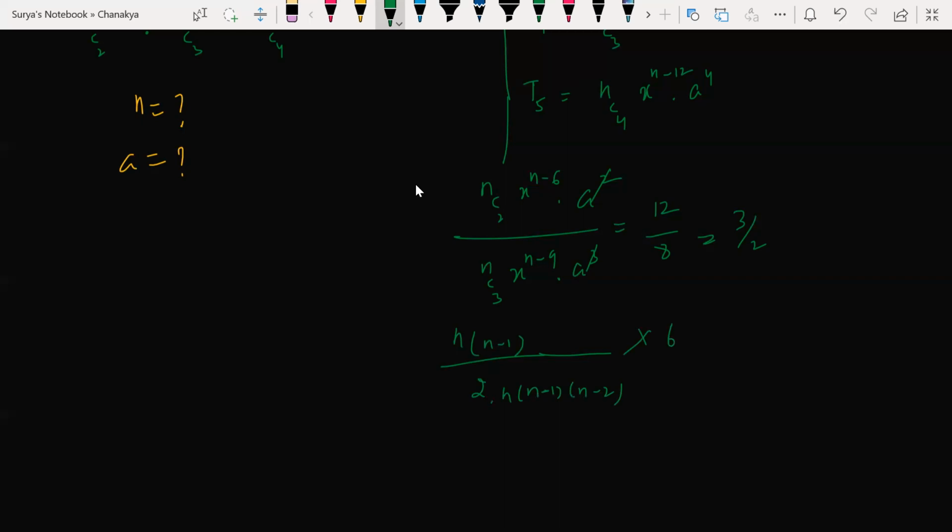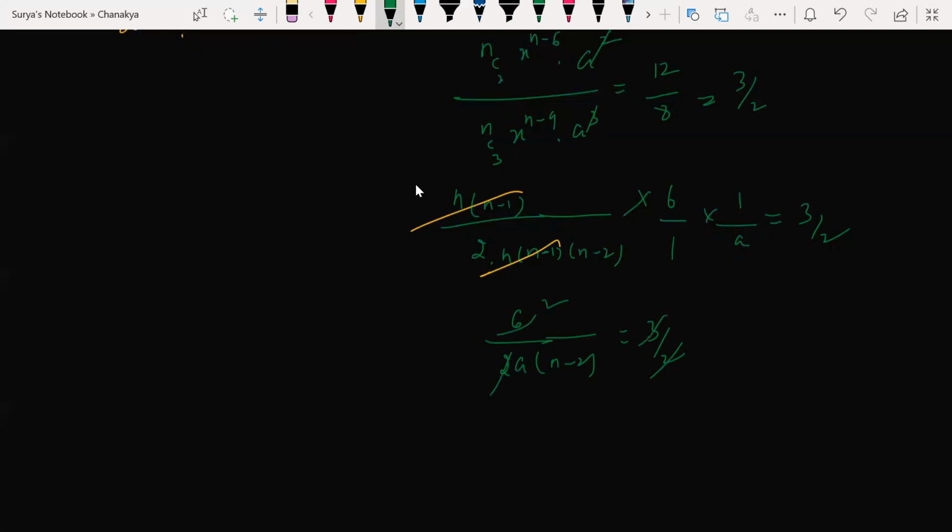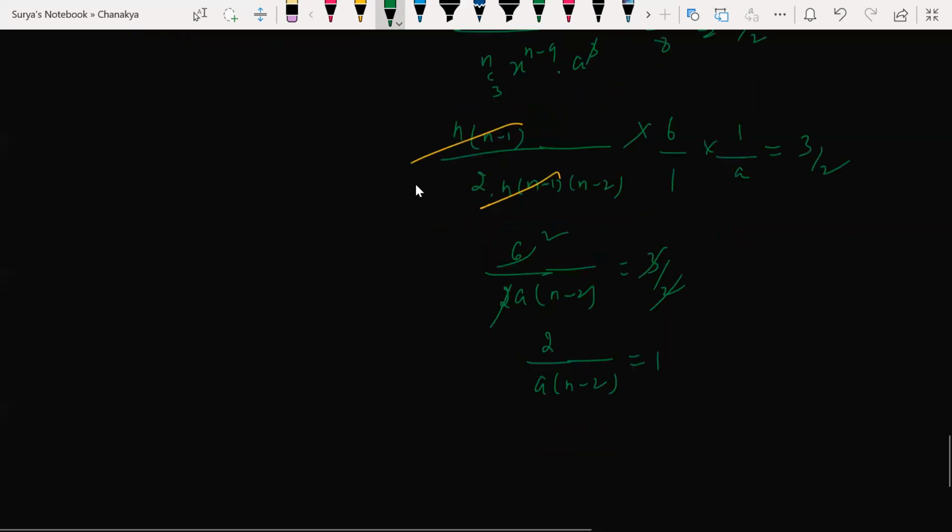So 6 will be going to the numerator. I left with 1 by a, right? 1 by a is equal to 3 by 2. n into n minus 1 will be getting cancelled. So 6 by 2a times n minus 2 is equal to 3 by 2. This will be getting cancelled, 3 1s, 3 2s. So 2 by a into n minus 2 is equal to 1.